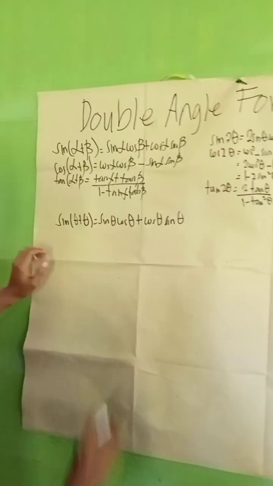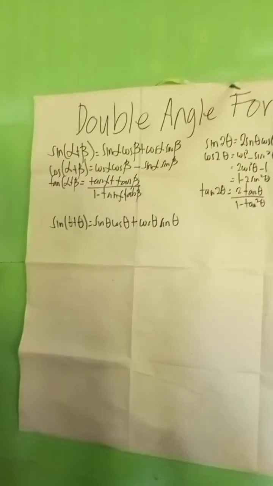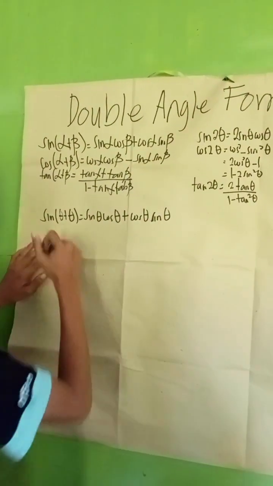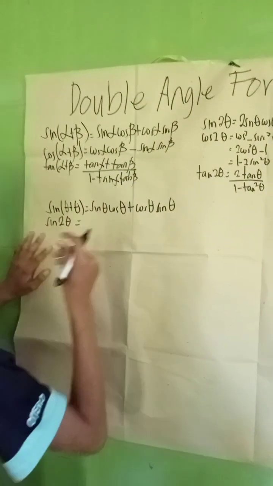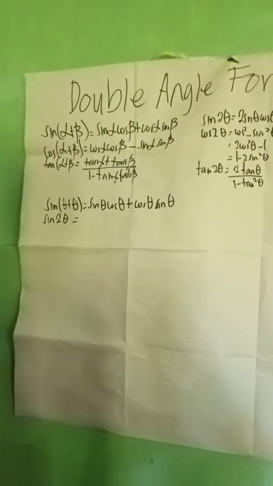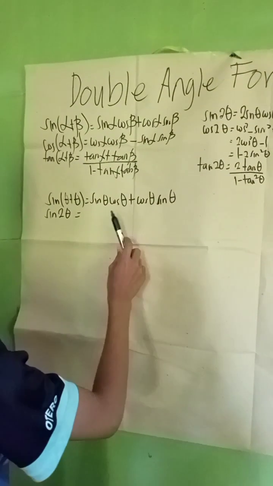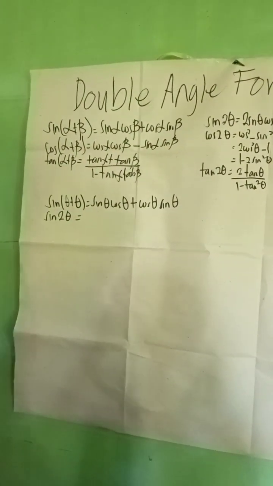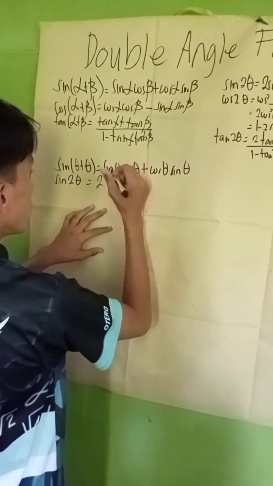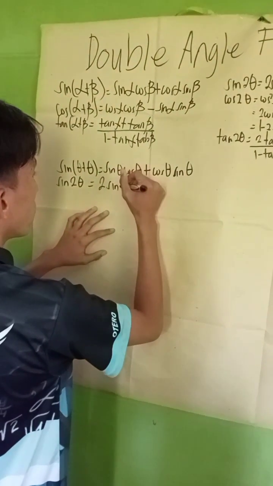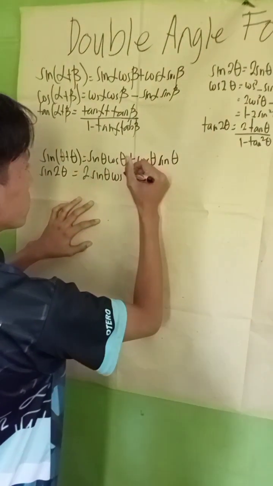Theta plus theta is equal to 2 theta, so we have sine 2 theta is equal to... we simply rewrite this since we have two terms of cos theta and sine theta. We simplify it into 2 sine theta times cos theta.